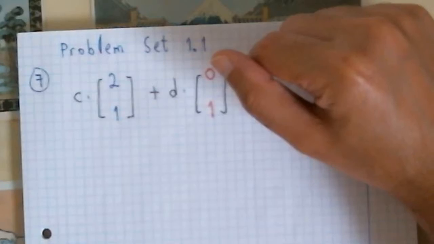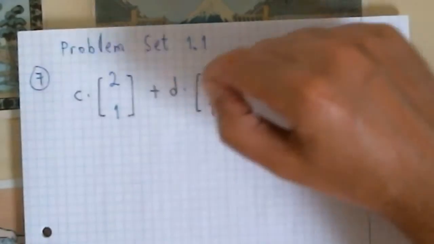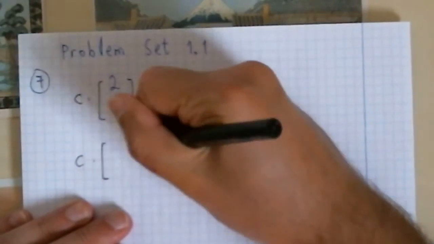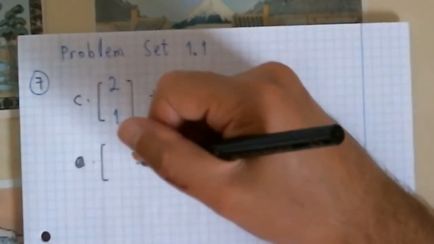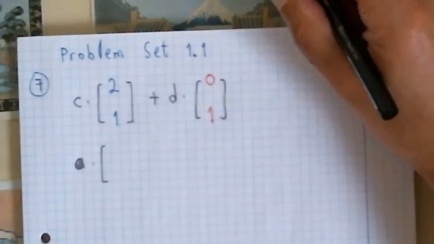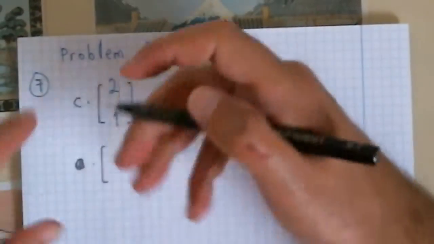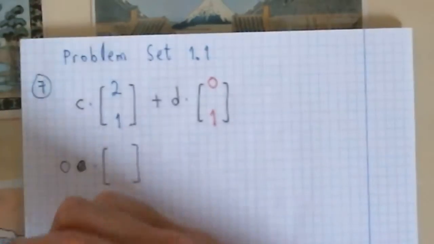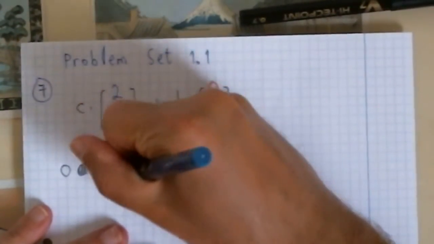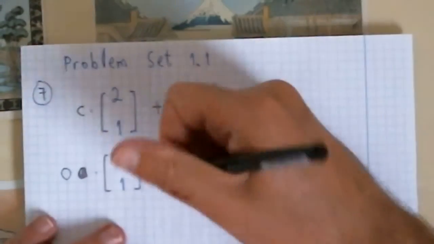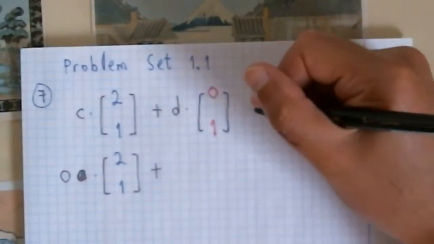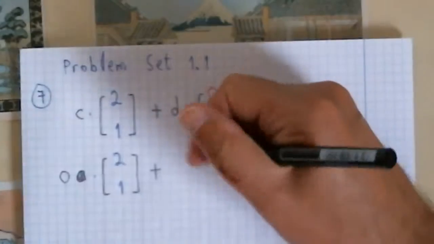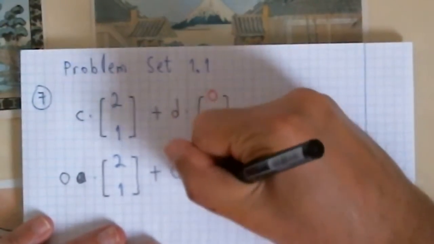Okay, so let's calculate what are the options. I'm sorry, now we give real values. So the first C is 0, so we say 0 times the blue one, which is 2, 1, plus 0, which is the first option for D, 0 times the red one.